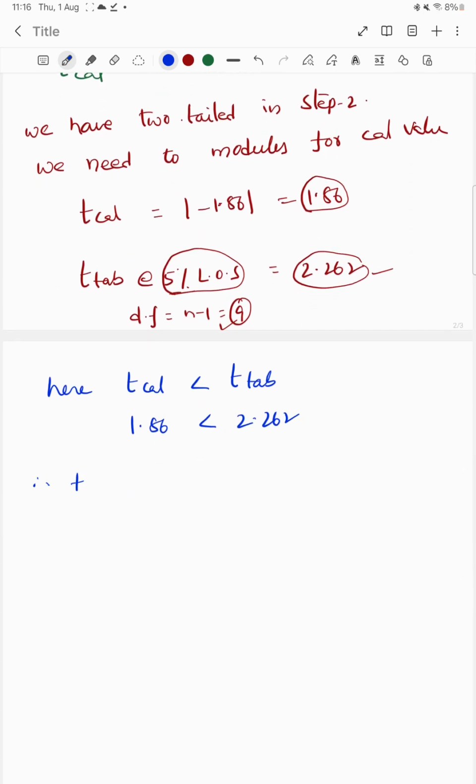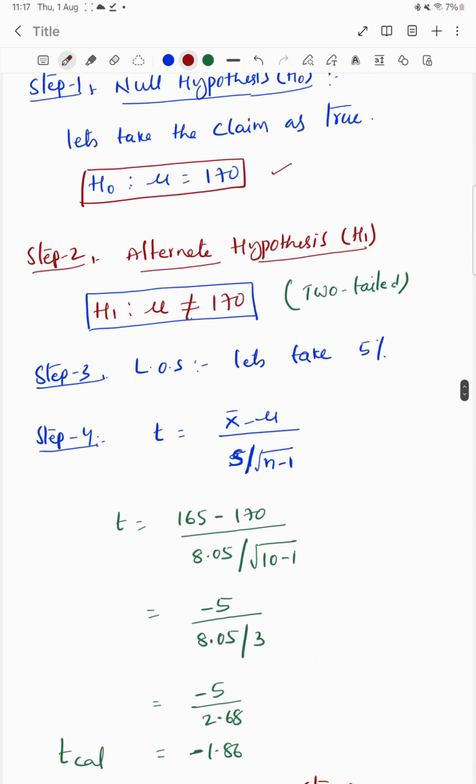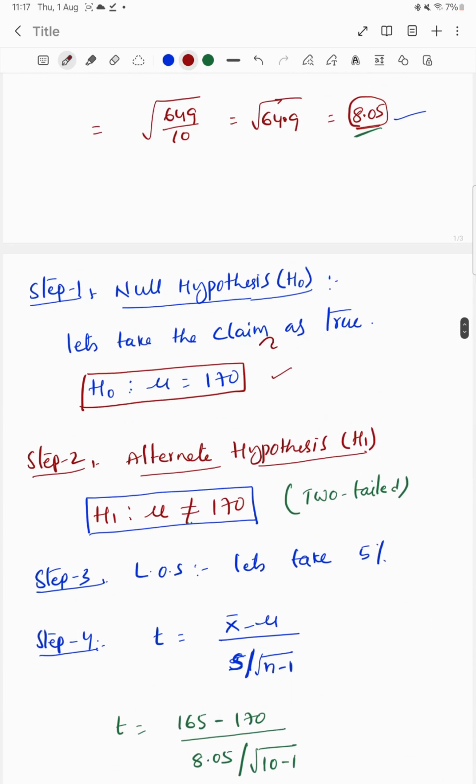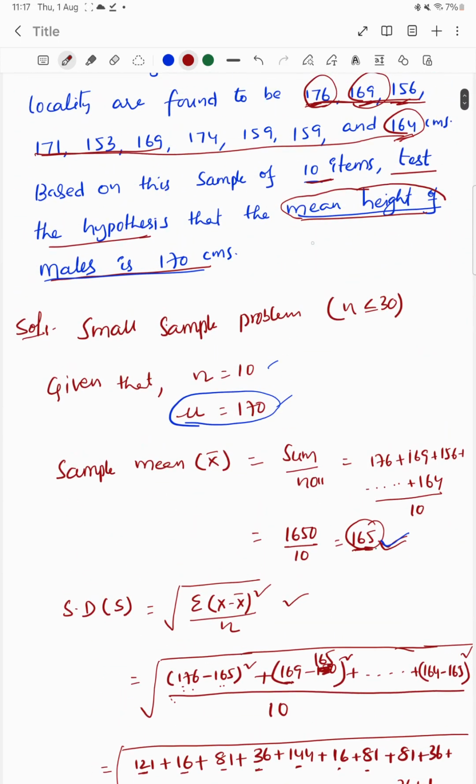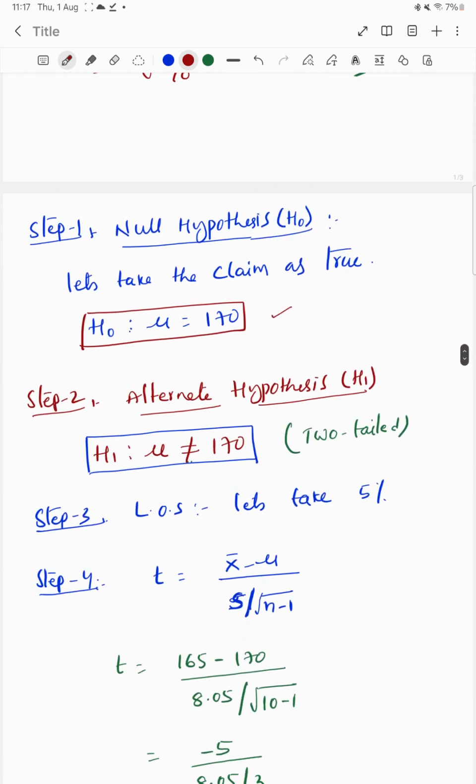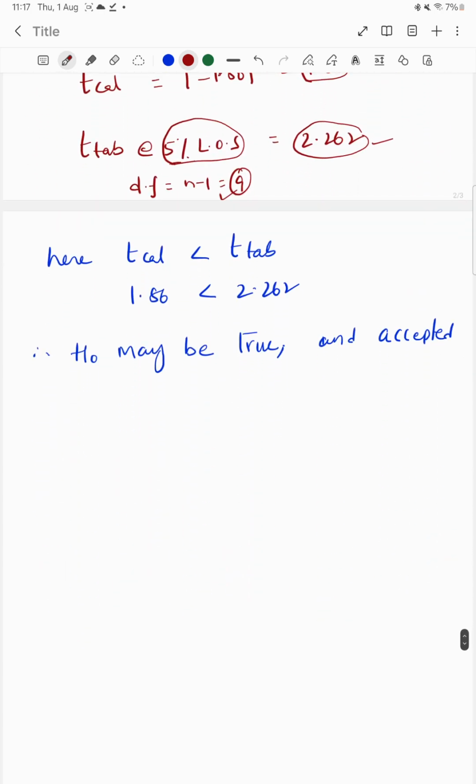Therefore our null hypothesis H naught may be true, because our calculated value is less than the table value, so H naught may be true and accepted. So whatever H naught we have taken in this example, that means the claim is true. The claim is that the mean height of the males is 170, which is true, therefore we are accepting that.